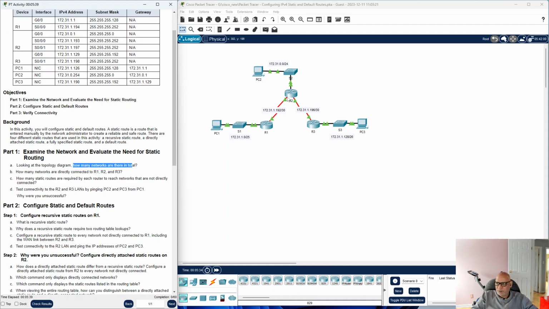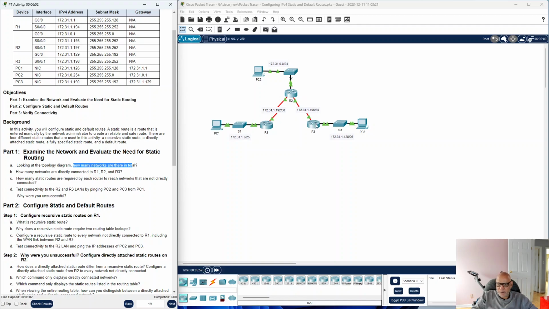If you remember, a link between two routers is one separate network. So that's 1 and 2. The third network is this LAN that is connected to R2, which is 31.0.0. So these are three networks.